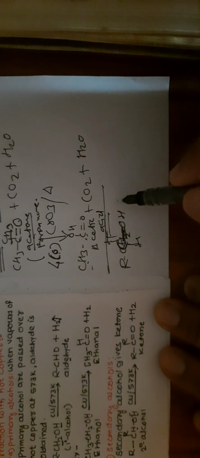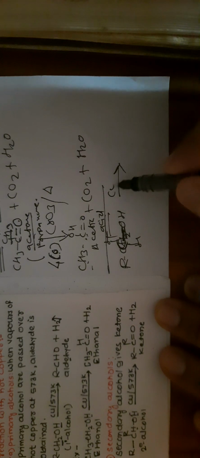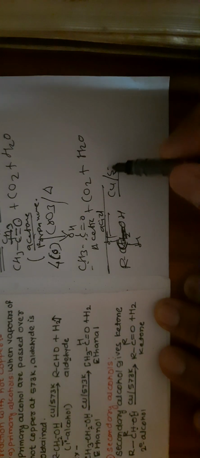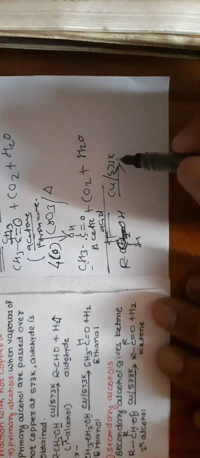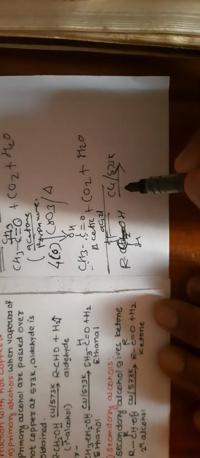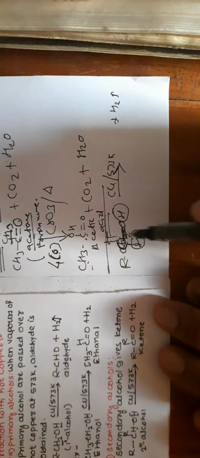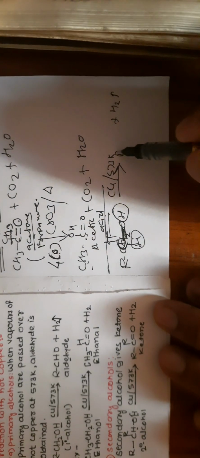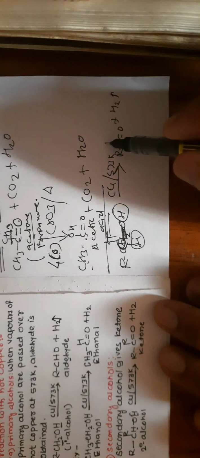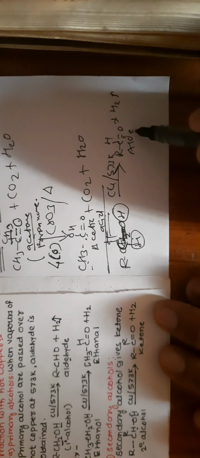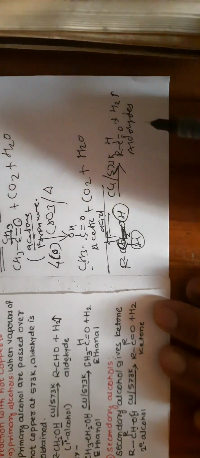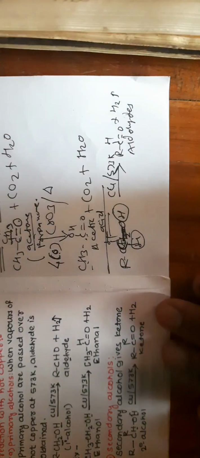RCH2OH. Now for dehydrogenation we have to heat this alcohol up to 573 Kelvin in the presence of a metal like copper. One hydrogen is removed and H2 gas is eliminated, and a double bond forms between carbon and oxygen like this, and aldehyde formation takes place in case of primary alcohols.